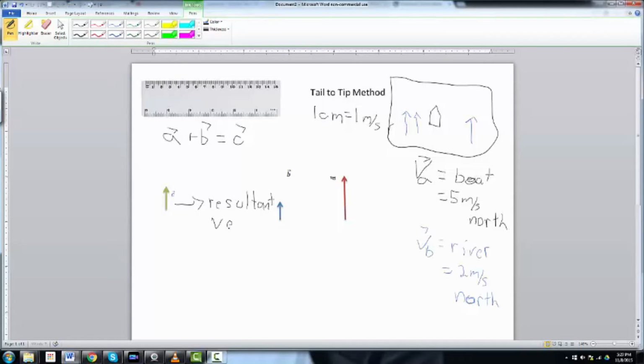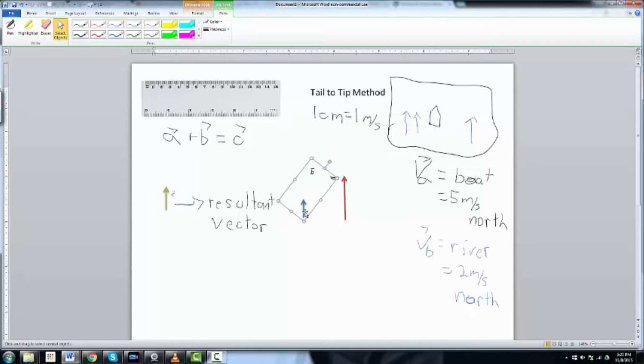Now resultant vector is just a fancy name for answer. So what is our answer? So if I add A and B using the tail to tip method, how long is C going to be, and in what direction? So the way that this works using the tail to tip method is I take A, and it's pointing straight up, it's going north 5 meters per second, so it's 5 centimeters long. I am then going to add my B vector.